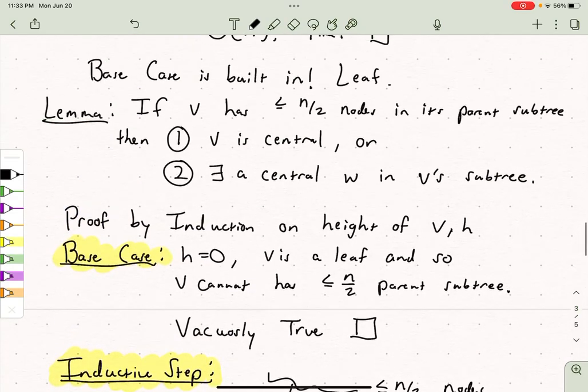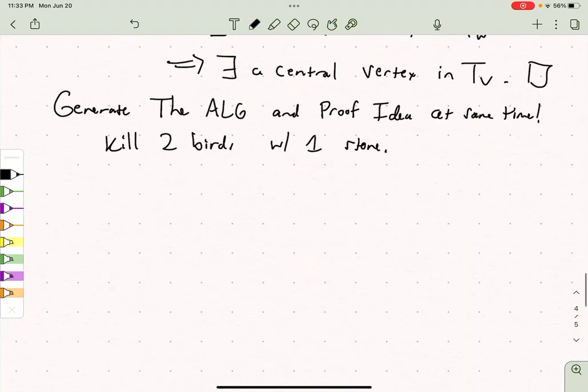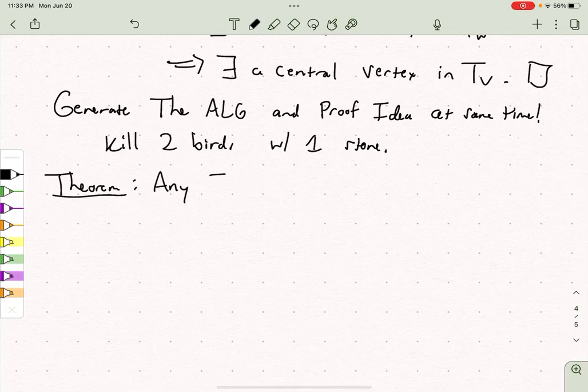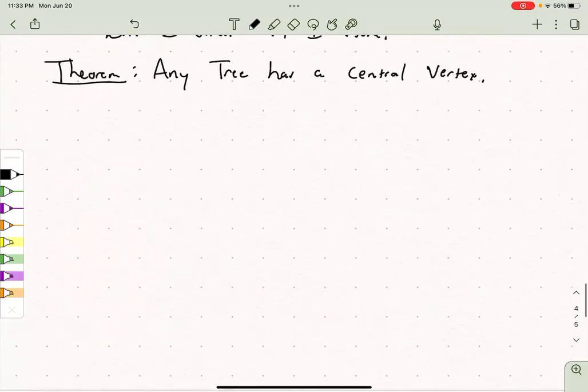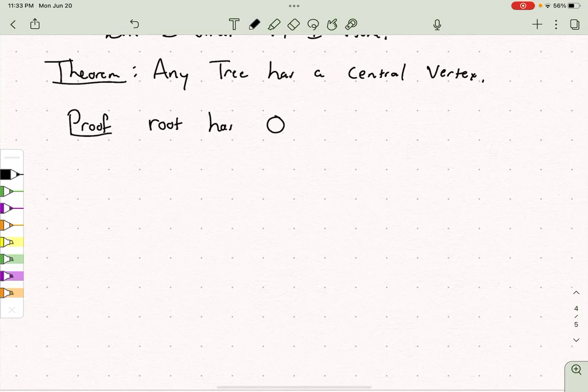So that's the lemma. Now technically, if we want to be totally good, we also have the full theorem, which says any tree has a central vertex. Now, why is this true? Well, we're going to apply the lemma. Remember, the root has 0 nodes in its parent subtree.